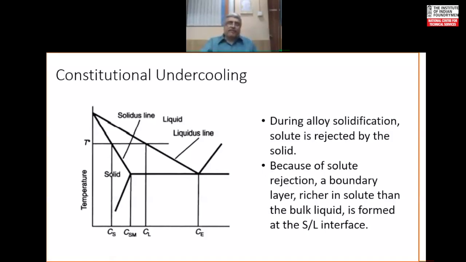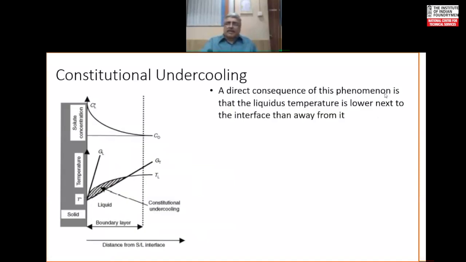The consequence of this phenomenon is that the liquidus temperature is low next to the interface. In this graph, you see the Cl level, that is, the carbon in that boundary layer is much higher than the average carbon in the liquid.